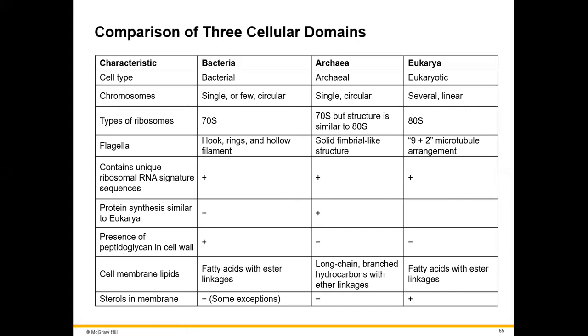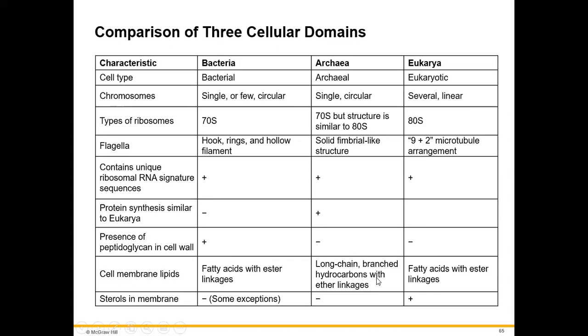Protein synthesis is similar between the archaea and eukaryotes, but different in the bacteria. Archaea don't have peptidoglycan in the cell wall, neither do eukaryotes. The cell membrane lipids are fatty acids with ester linkage.